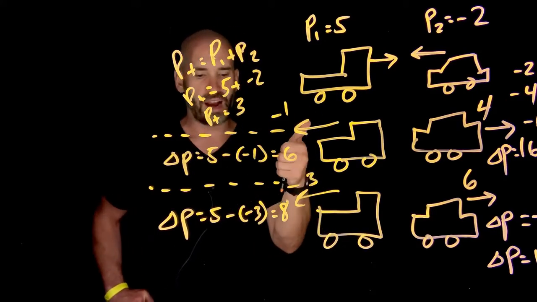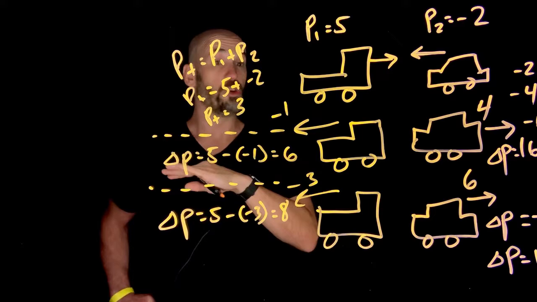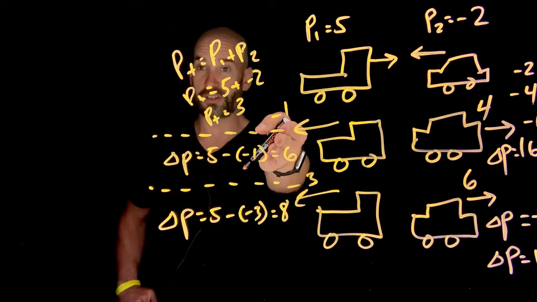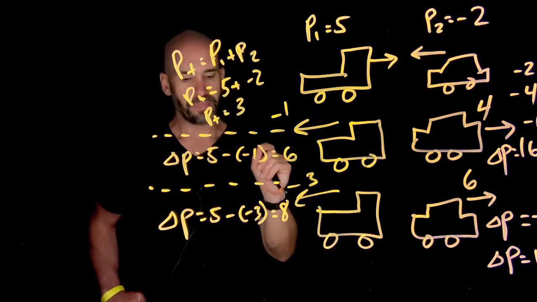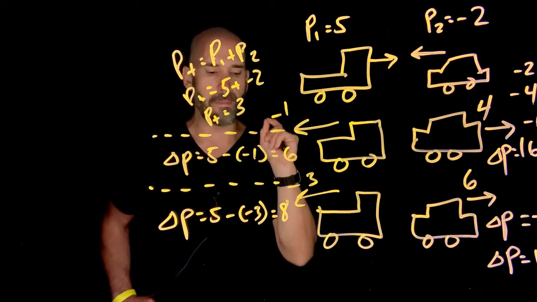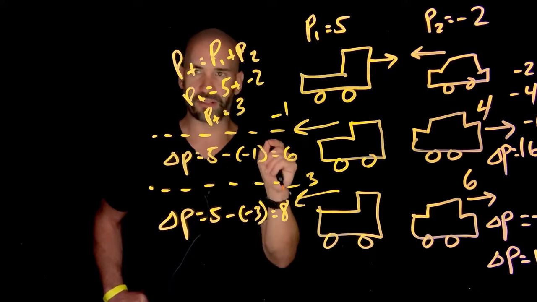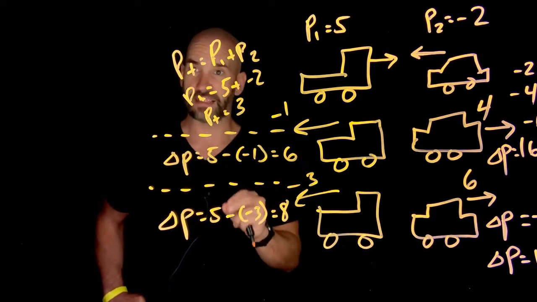C, neither the car nor the truck changed its momentum. No, that's not true. They definitely do have a change in momentum. Here, the change in momentum is 6. Here, the change in momentum is 8. D, they both have the same change in magnitude of momentum because momentum is conserved. Yes, that has to be true.